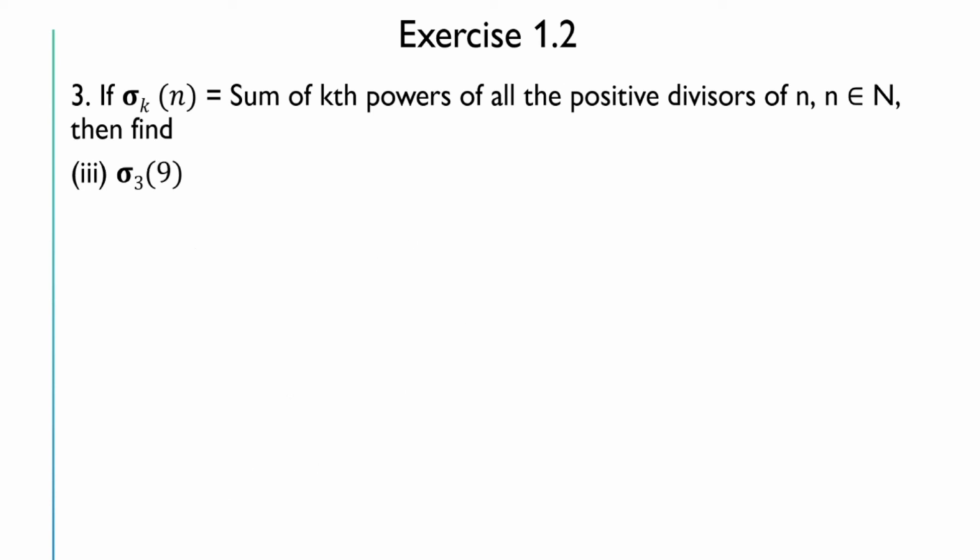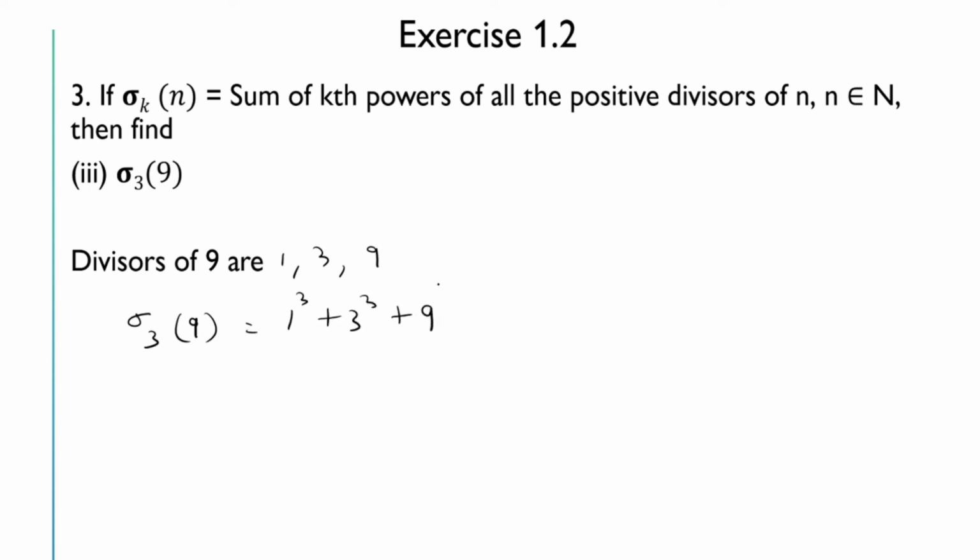Next one is sigma 3 of 9. First we will see what the divisors of 9 are. This is also easy. 1, 3 and 9 are the 3 divisors of 9. So sigma 3 of 9 is equal to 1 cube plus 3 cube plus 9 cube.